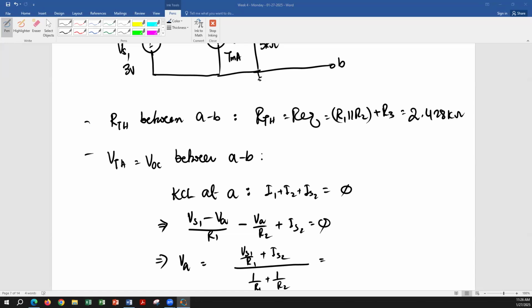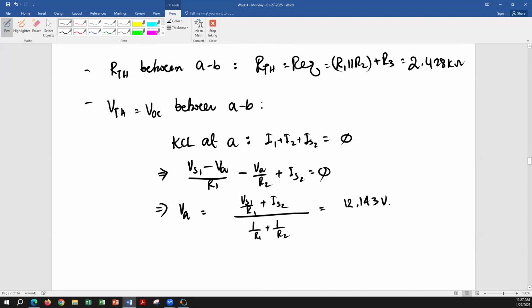So VA is VS1 over R1 plus IS2 divided by 1 over R1 plus 1 over R2, which is 12.143, so 12.1. And this VA is, of course, the Thevenin equivalent voltage because VB is grounded.